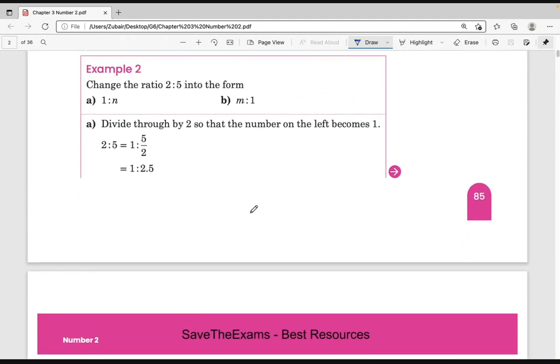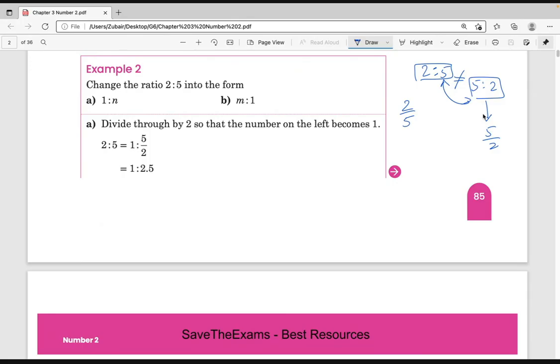Now, example number 2 says write the ratio 2:5 in the form 1:n. Now, remember that 2:5 and 5:2 are entirely different. They are not the same. Because 2:5, we can write it as 2/5, and 5:2, we can write it as 5/2. First one is in the numerator, second one is in the denominator.